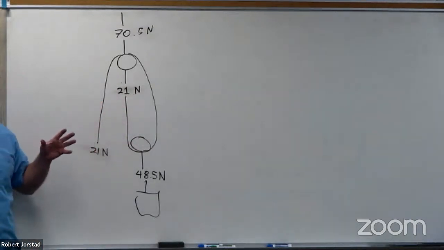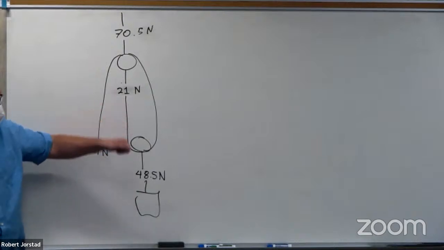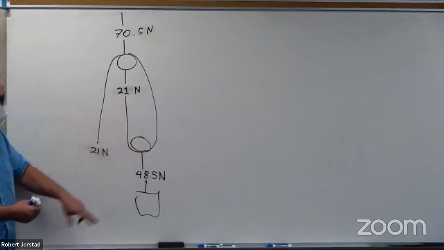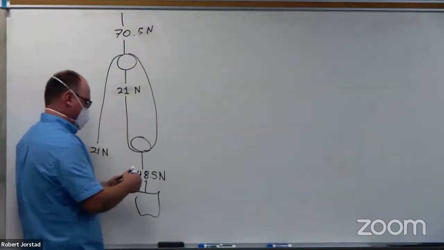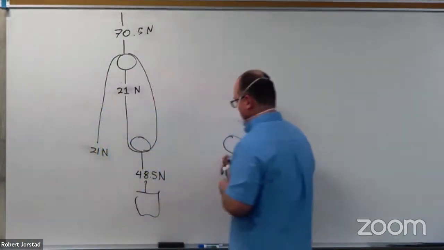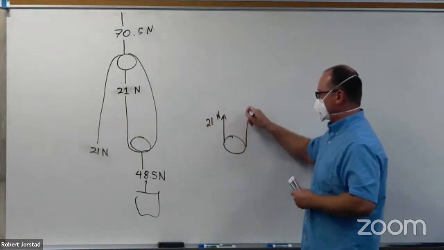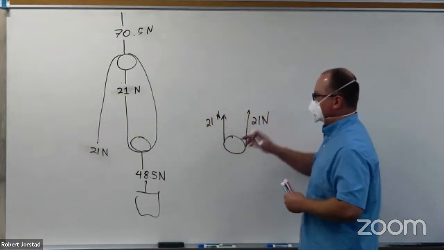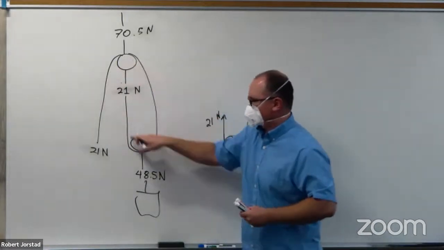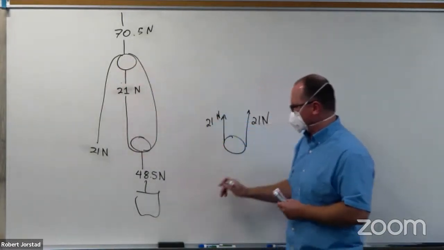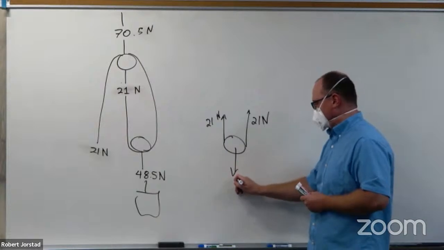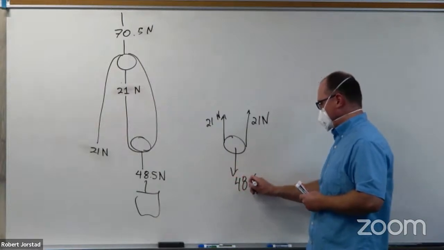Now, to be clear, these scales are a little bit wonky and I'm trying to pull this live and react. Let's look at these numbers down here and see what's up. If I look at this pulley, I've got 21 newtons up on this side, 21 newtons up on this side, because that is the same cable, right? And this is about 48 newtons down, 48.5.